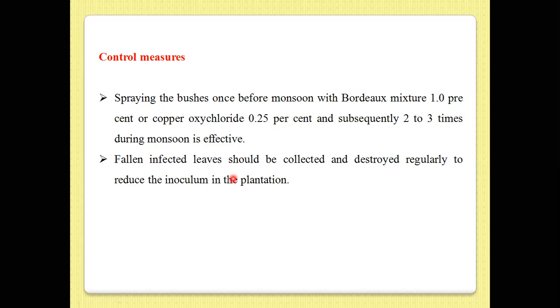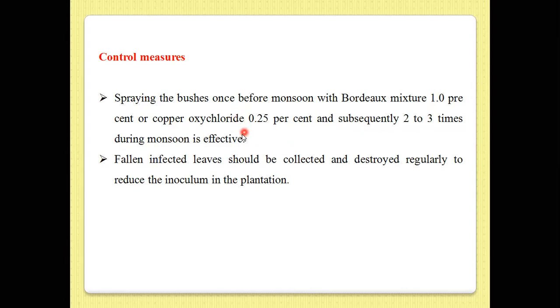Then spray copper oxychloride at the rate of 0.25%, or Cosan, meaning copper hydroxychloride, at the rate of 0.1%, or Bordeaux mixture 1%.